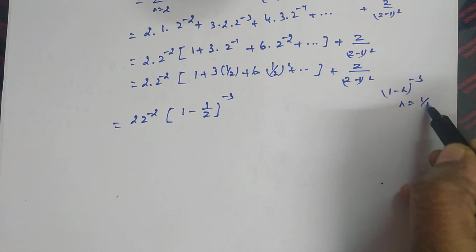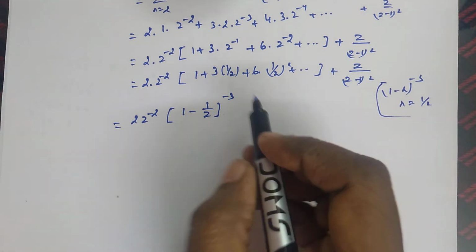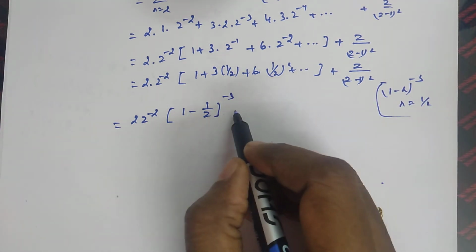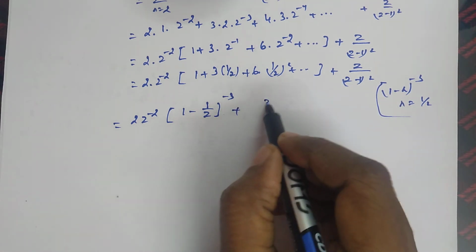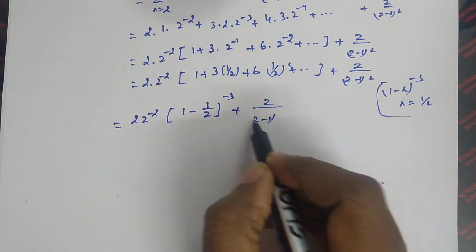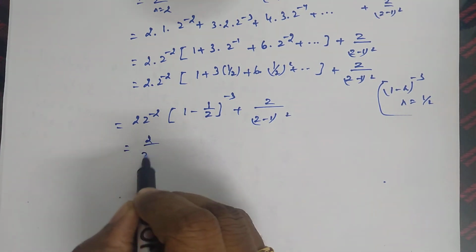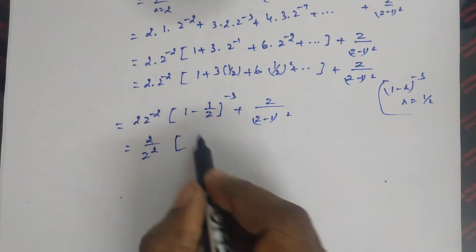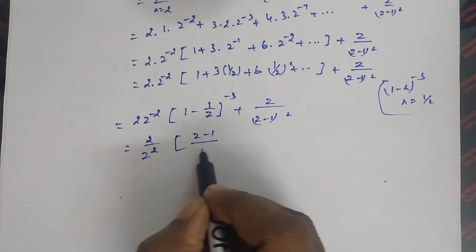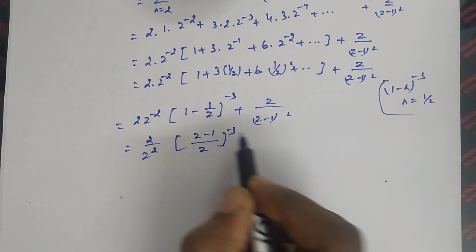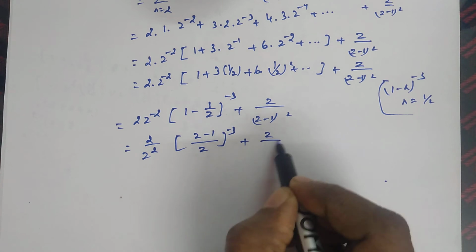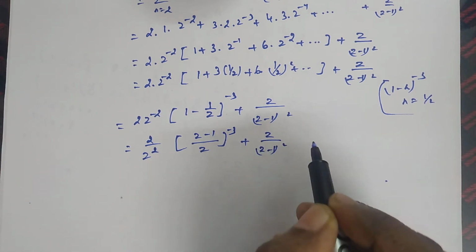Here x is equal to 1 by z. So applying that result we have written this one, plus the last term as usual z by z minus 1 the whole square. Now this can be written as 2 by z square into z minus 1 divided by z whole power minus 3 plus z by z minus 1 the whole square.